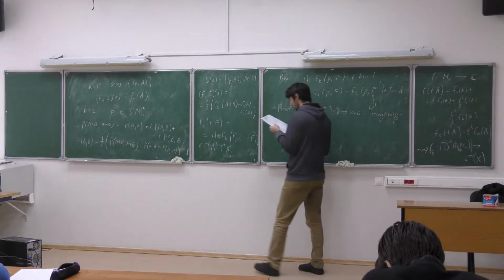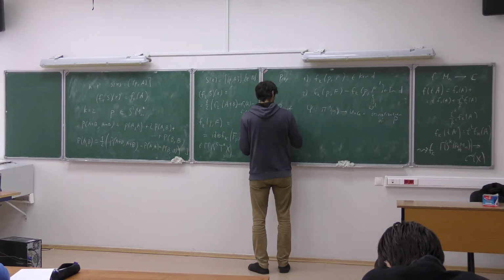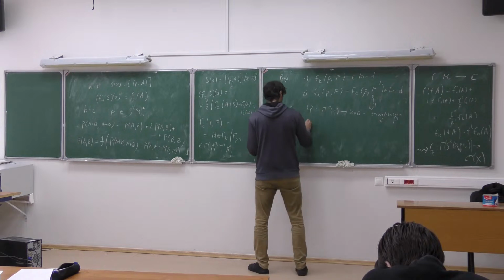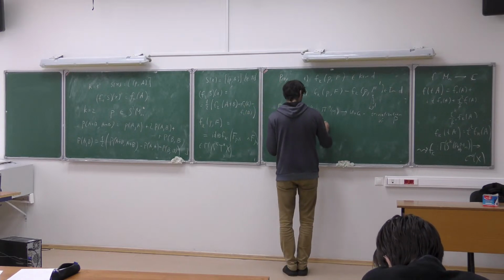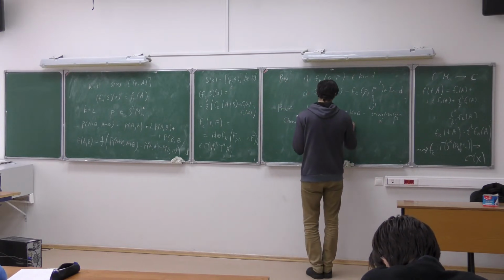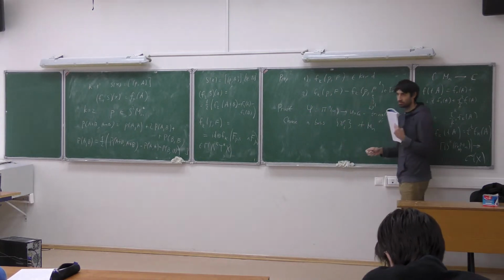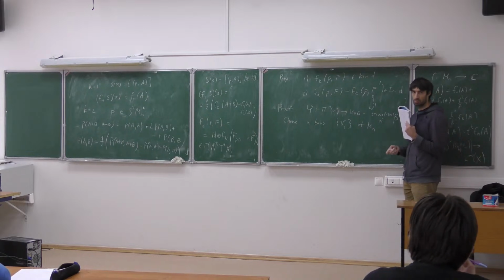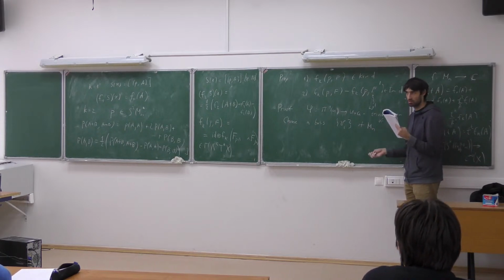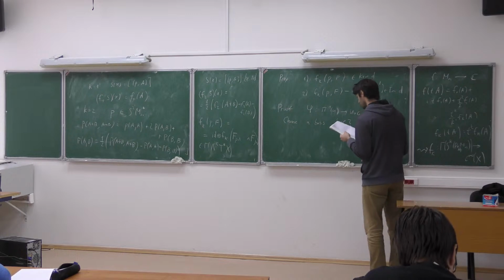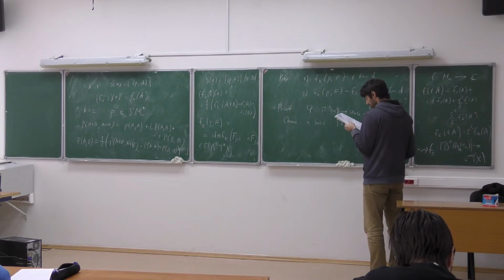And then let me choose any basis. Let me denote it as v_i of M_n. So M_n is a complex vector space, so I choose some complex basis.